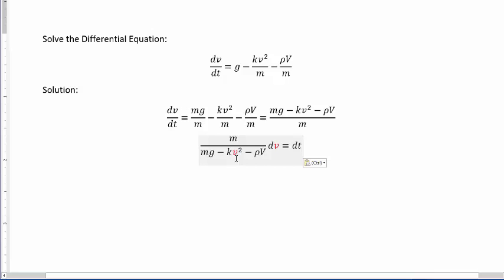Before we do that, I think there's a couple of cleaning up steps that we might be able to benefit from. Let's first rewrite our equation. I'm just going to switch a couple of terms here.